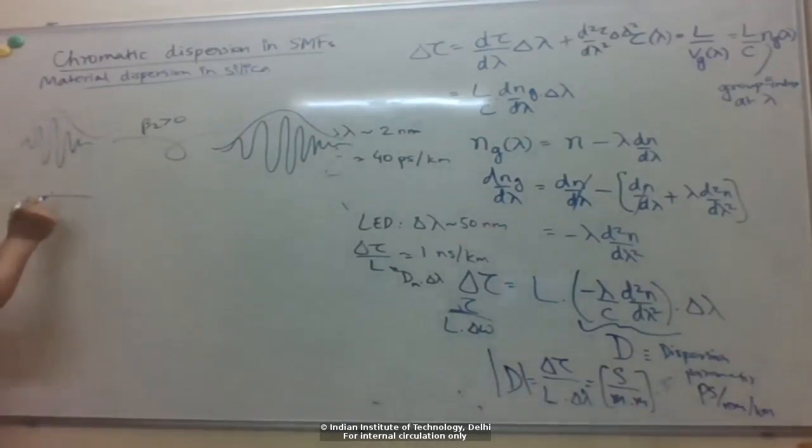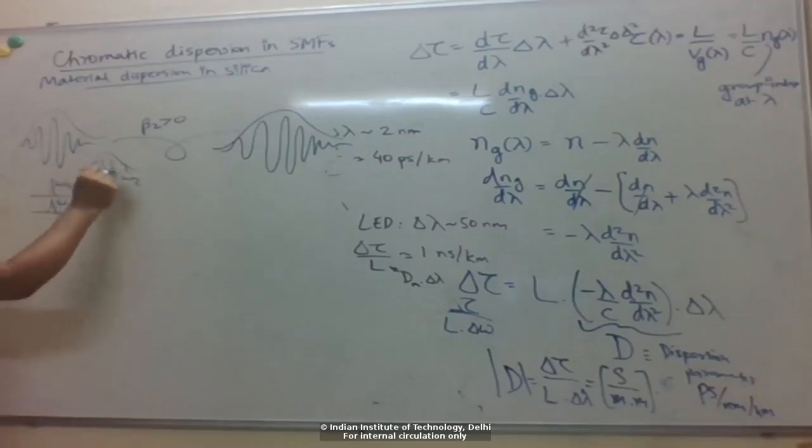If I plot with time where all the frequency components are, the spectrum has some extent from omega 1 to omega 2. All the frequencies in between omega 1 and omega 2 are present together at the same time, which means there is no phase difference between these different frequencies, right?